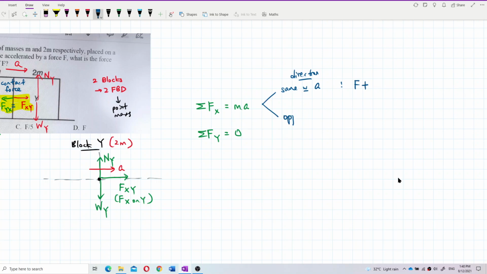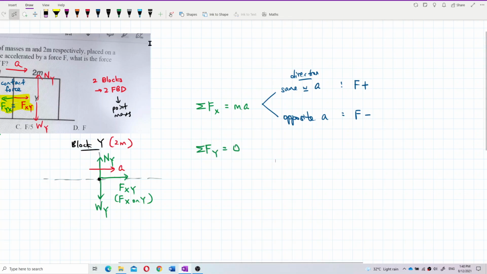If opposite the acceleration, we put F negative. But for y, it doesn't have acceleration, right? So we just follow the usual one.